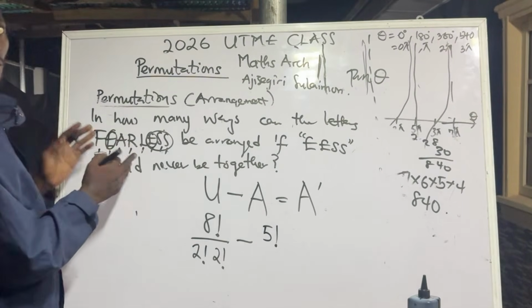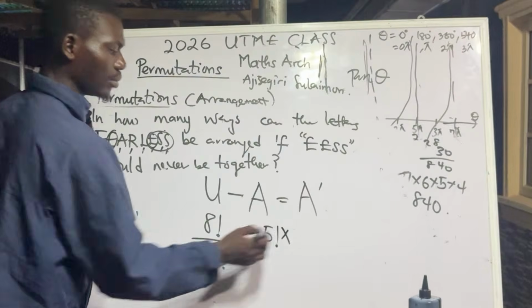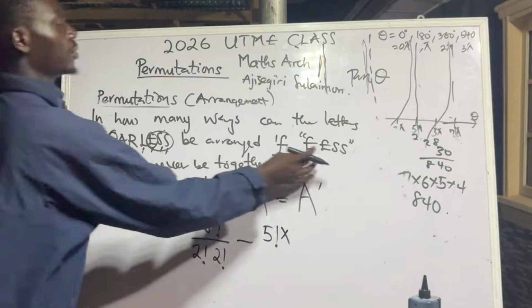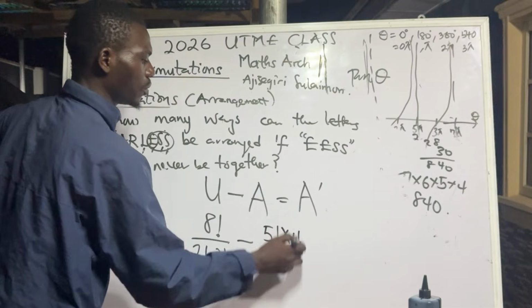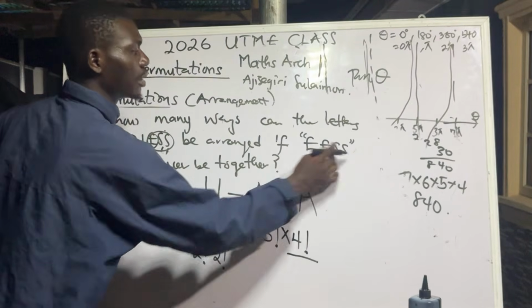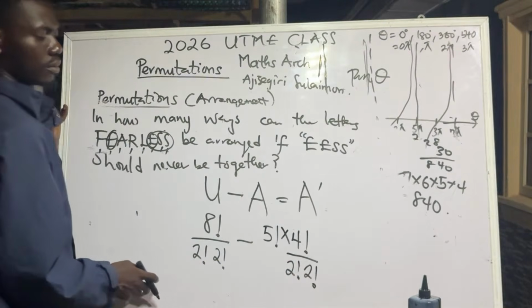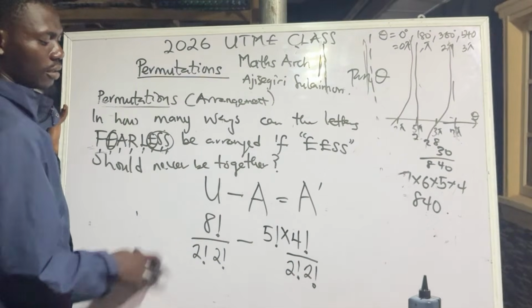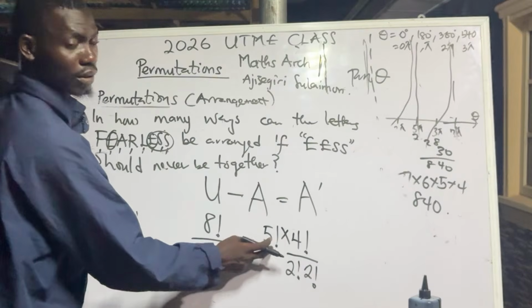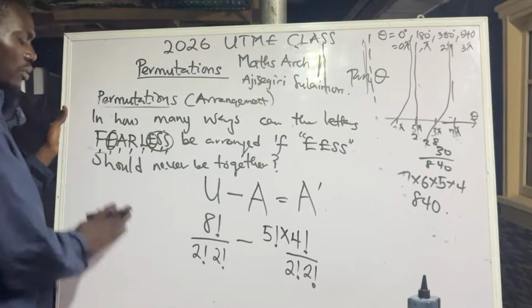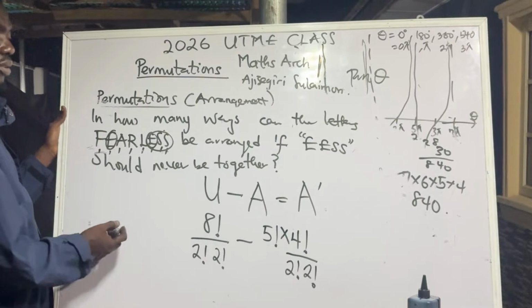Is there repetition? No. And times 4 factorial. Over, is there repetition? 2 factorial. So it'll be 8 factorial minus 5 factorial times 4 factorial. Yes. So our 8 factorial should be what?